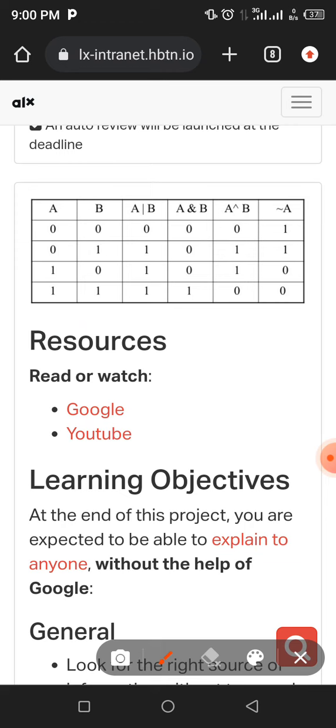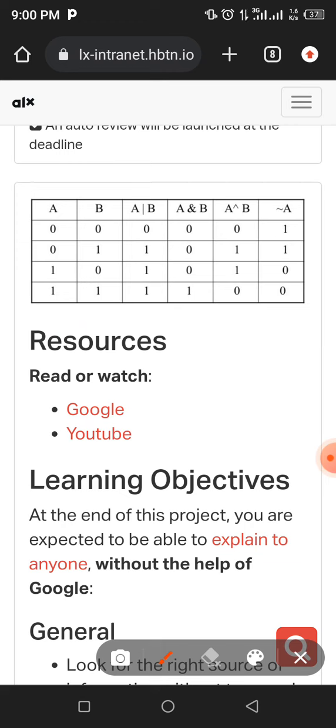Now the next thing we're going to be talking about after the AND gate is the OR gate. So we can just put XOR coming.